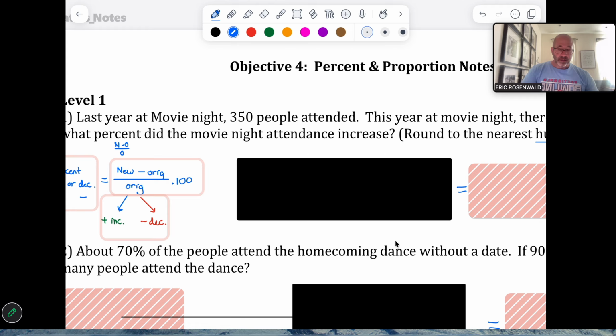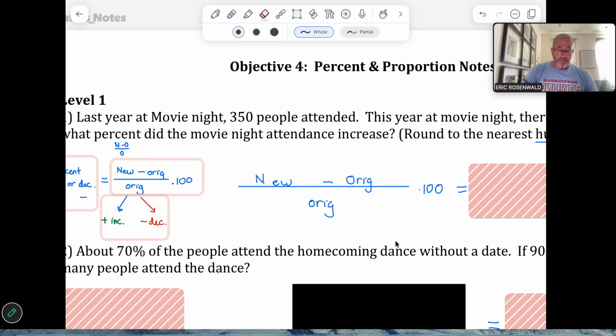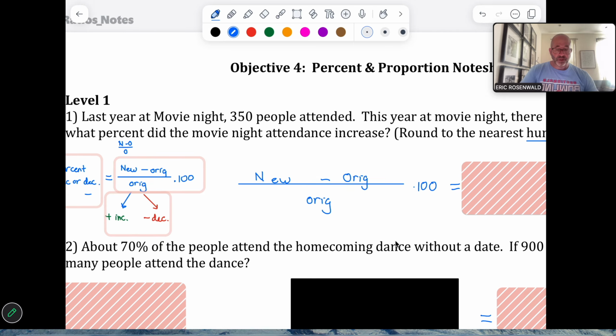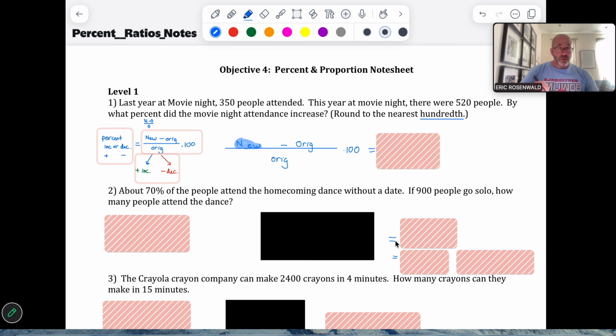So let's look at this and let's work our way through it, okay? So we have the new minus the original divided by the original times 100. Let's fill in each one of these values here. What is our new amount in this problem? Well, it said last year at movie night, so last year is before, and then it tells us what the new amount is here, which is 520. So 520 is our new amount. Okay, so let's fill in that 520 right there.